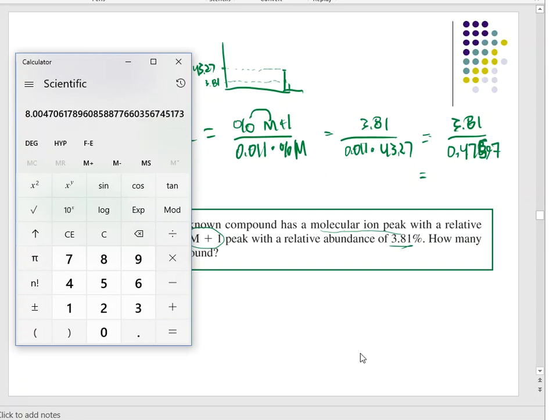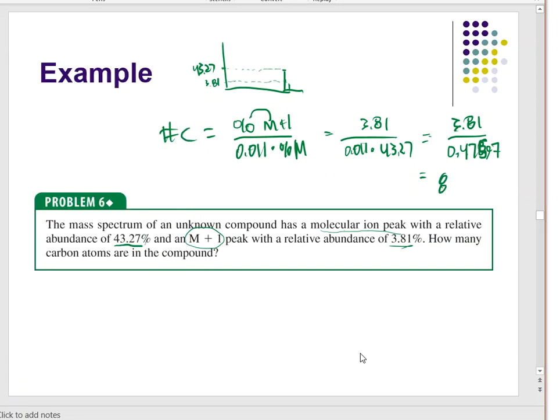I hit enter, and that gives me 8.00. Folks, there you go. That's how many carbons are present in this molecule I injected into the mass spectrometer.